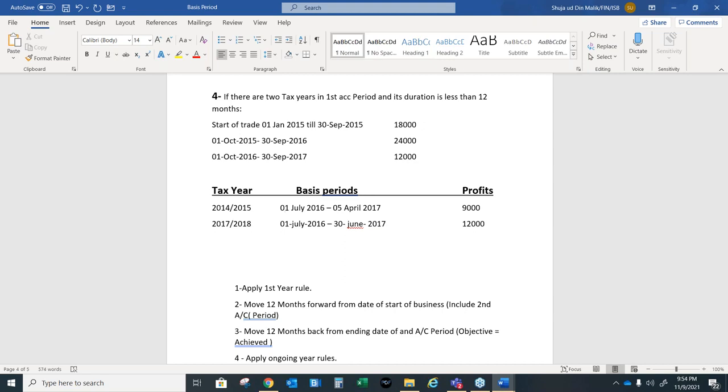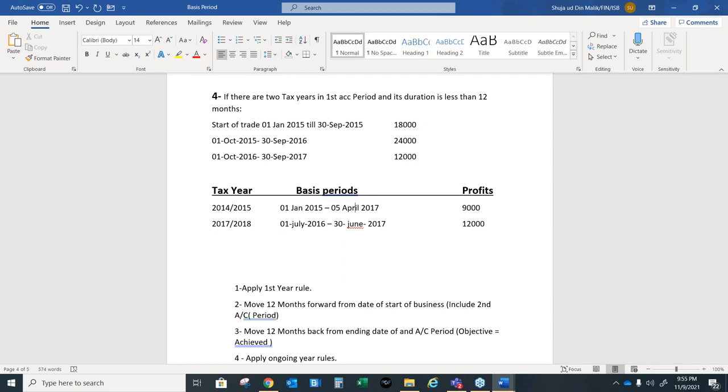Okay, that's great. So what first thing will we be doing here? We will be applying the first year rule, and the first year rule says that you have to move from the date of start of business. What is the date of start of business? 1st Jan 15 till the coming 5th April, or the tax year end.